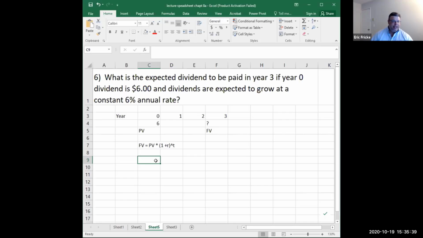So in this case, future value would be equal to $6 times 1 plus 0.06, all to the power of, so it's 1 year, 2 year, 3 year, so to the power of 3.